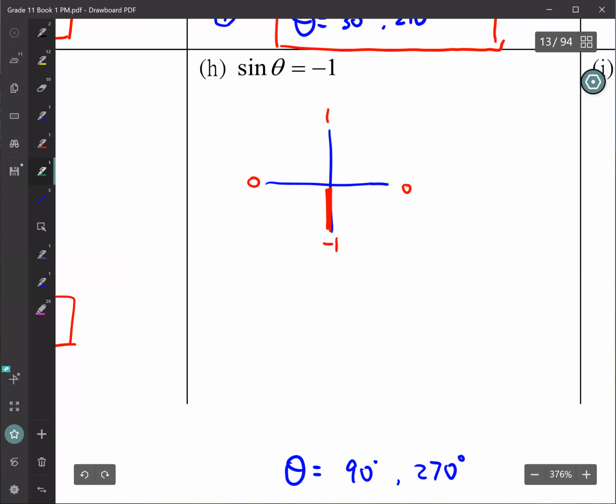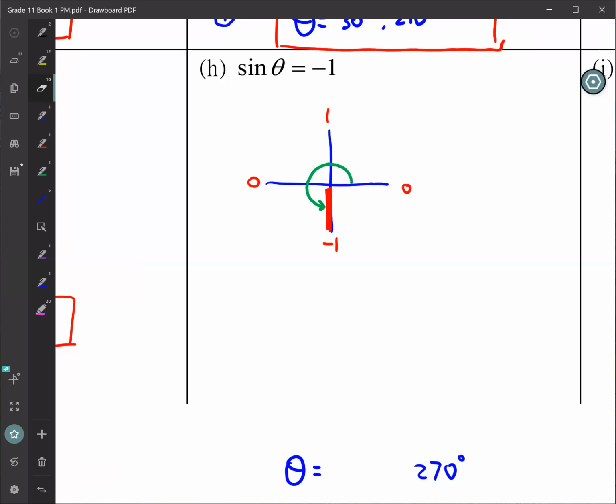So the angle that we want won't be on the top, right? It won't go to 1, because if it turns to 90, it will be 1, but we don't want 1, we want -1, so it'll be here. So how big is that angle then? 270 degrees. Okay, so this question only has one answer, 270 degrees. Understand?